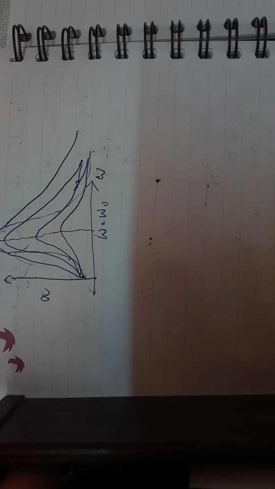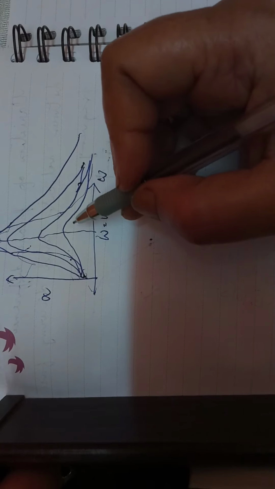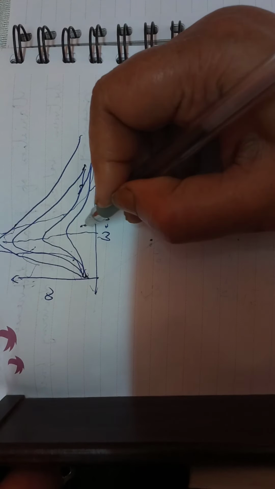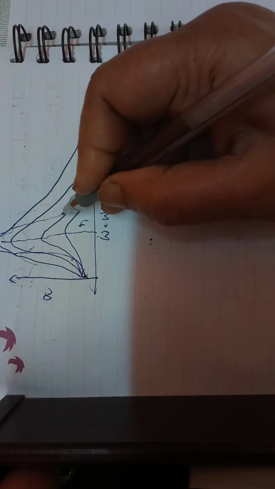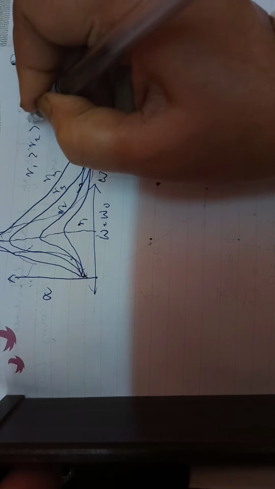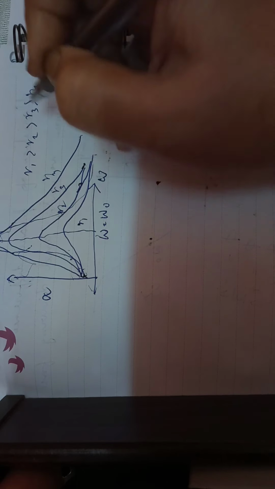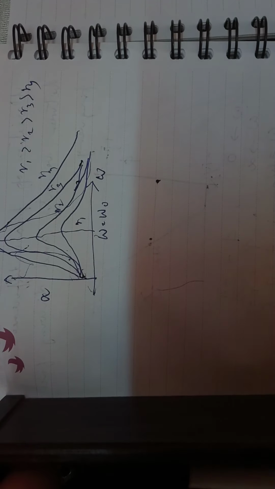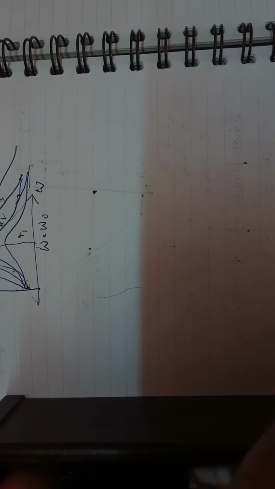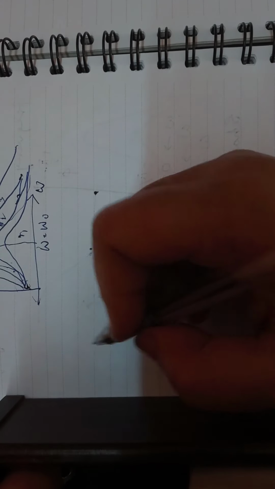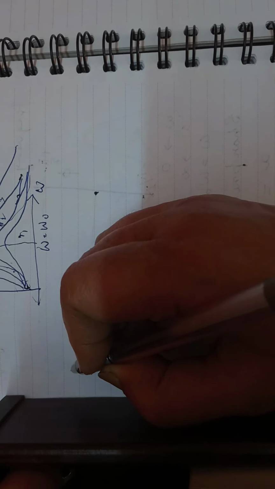So what is the effect of damping? As you know, this is maximum damped. So R1, R2, R3, R4, with R1 greater than R2, greater than R3, greater than R4. What is the effect of damping on the sharpness of resonance?